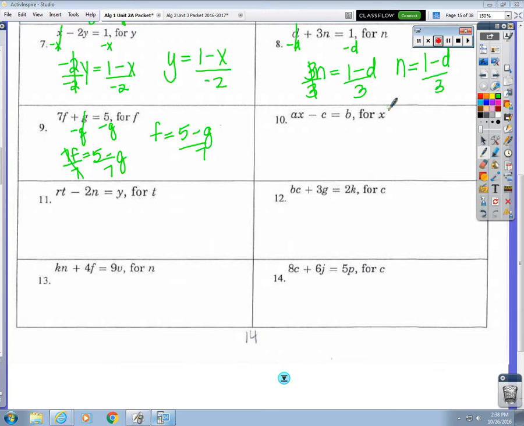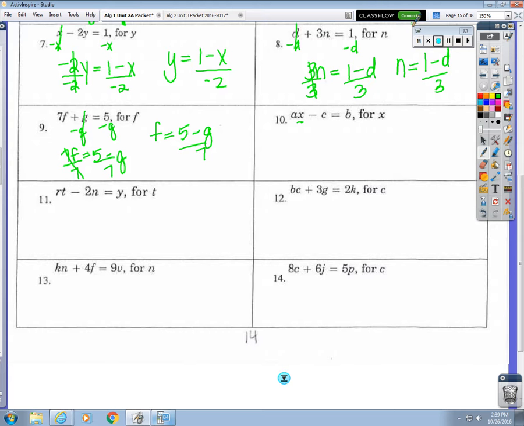You're trying to get x by itself. That means this x needs to stay right where it is, and the a and the c need to move over here with the b. Which one moves away from the x first, a or c? C. Remember what we learned about the party and how x stinks, so everybody's trying to get away from it. Which one can sneak away easier, a or c?